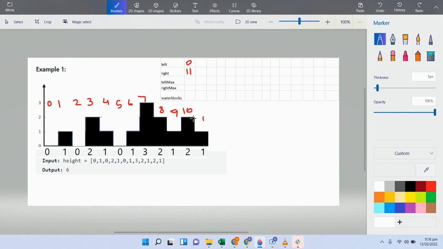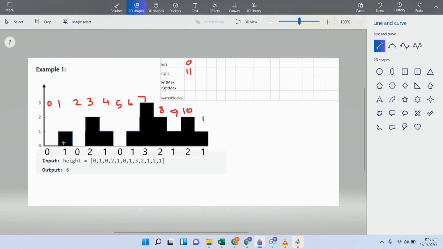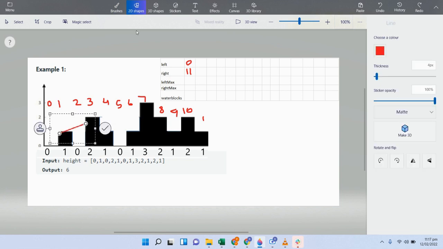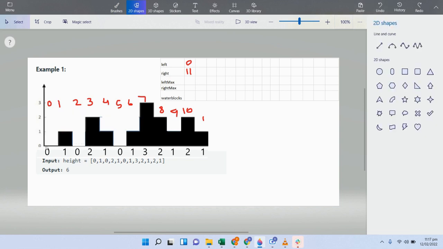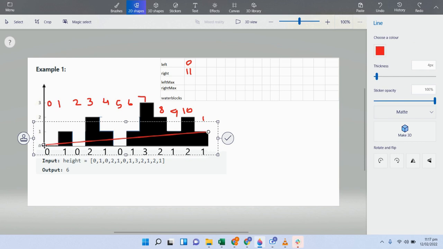So how are we going to proceed? We will see the elevation, how the graph is moving. In this example, the left value is smaller while the right value is greater, so in that case I'm going to move my left pointer.